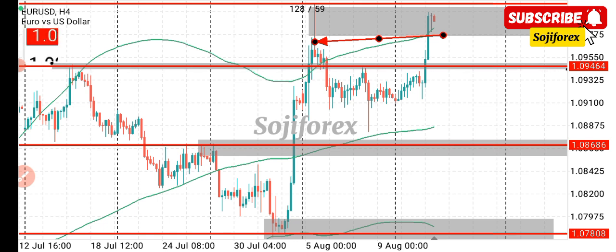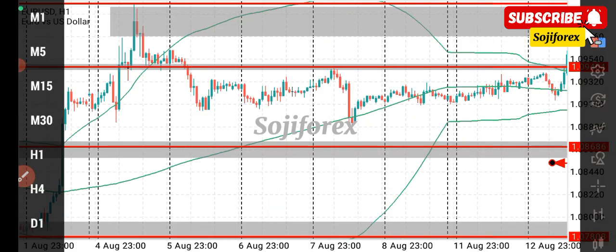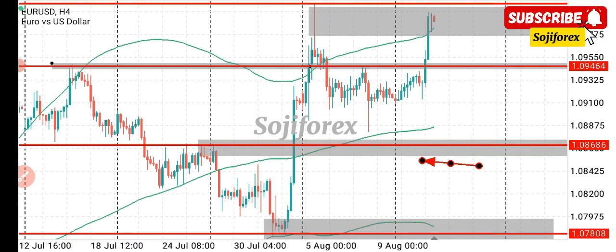So these are the zones that have been marked out on my chart. Having done this on my H4, this has been established. I've marked out these zones. You want to see price pull all the way to each of these zones.